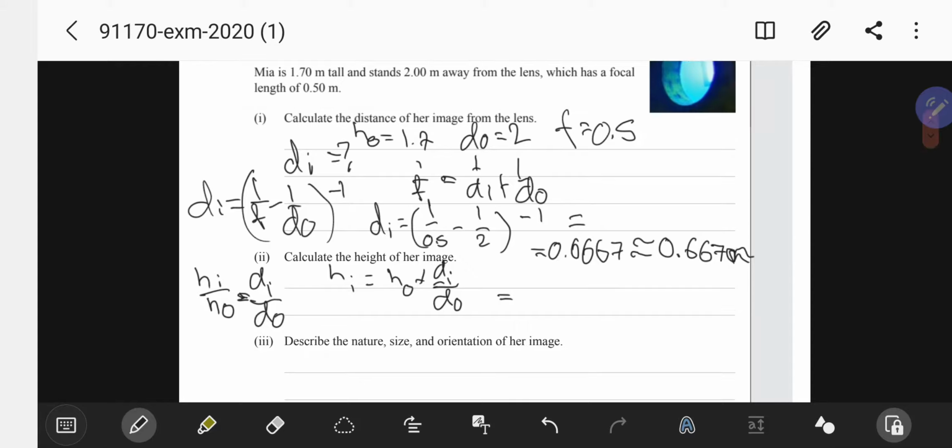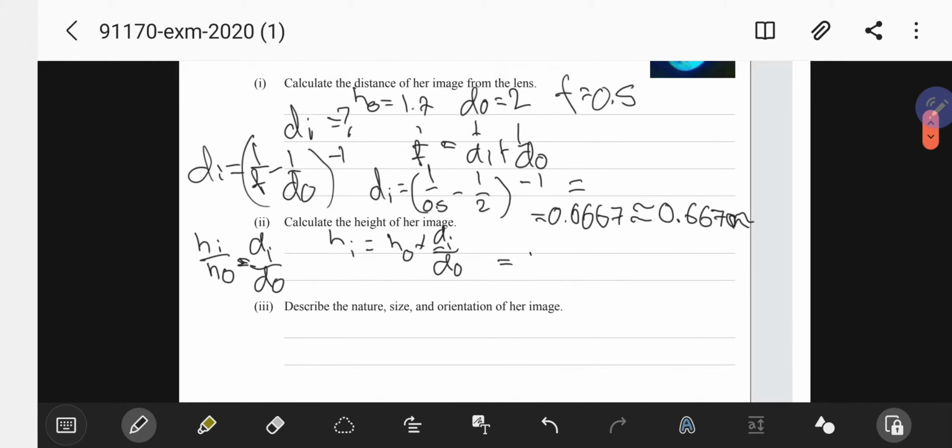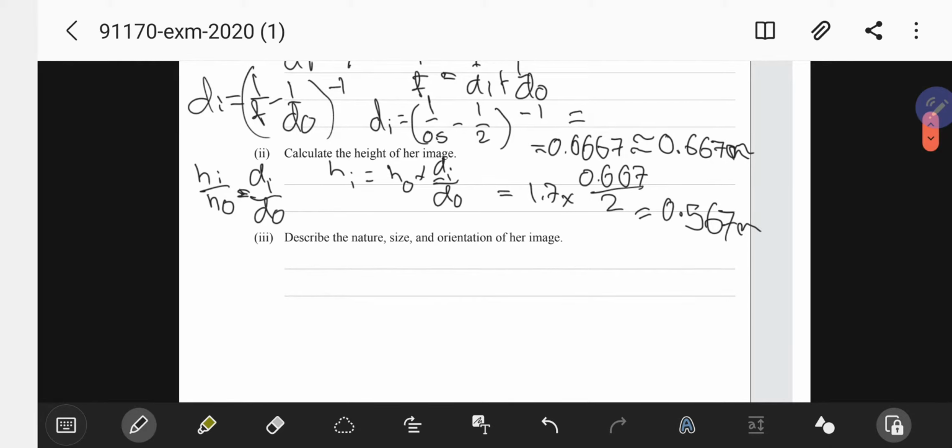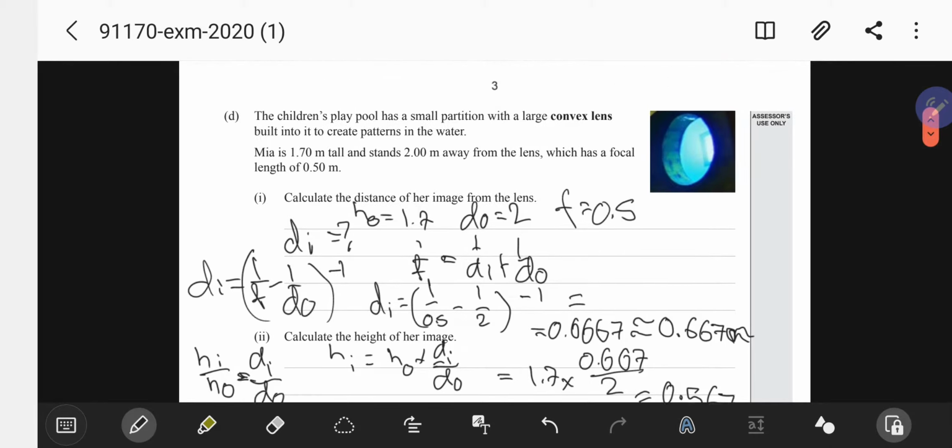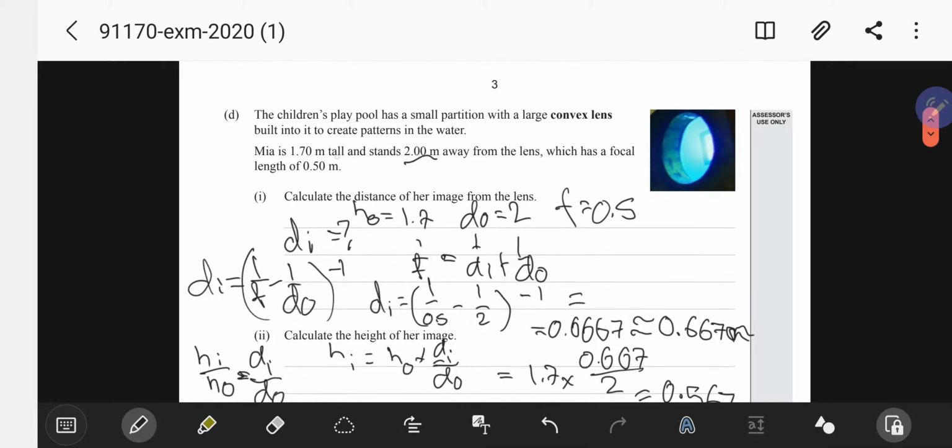This is going to equal 1.7 times di, which is 0.667 over 2, which gives us 0.567, and that's meters. Okay. And that was 3 significant figures, because all these values here were 3 significant figures.